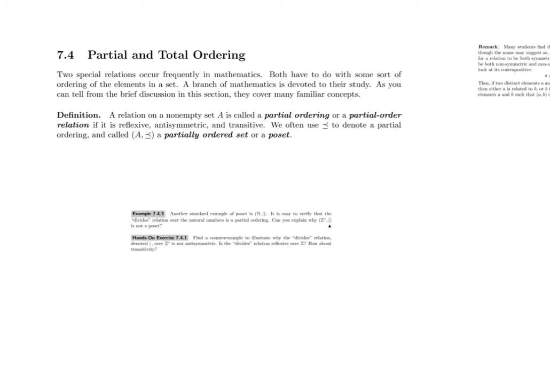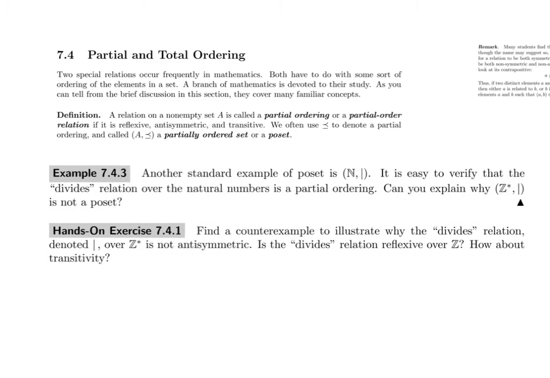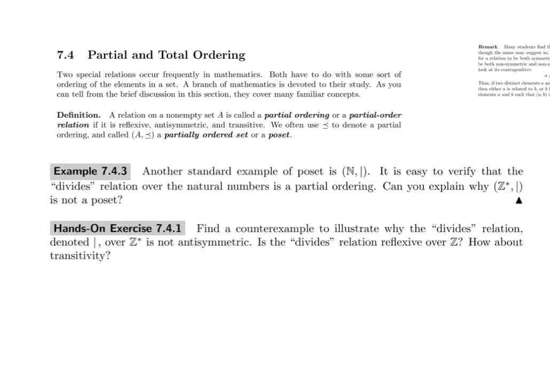My favorite example of a partial ordering, though, involves what we studied in chapter 5. So one example of a PO set, again partially ordered set, is the set of natural numbers with the divides relation. We can verify that this relation is reflexive, we can verify it's antisymmetric, and we can verify that it's transitive.